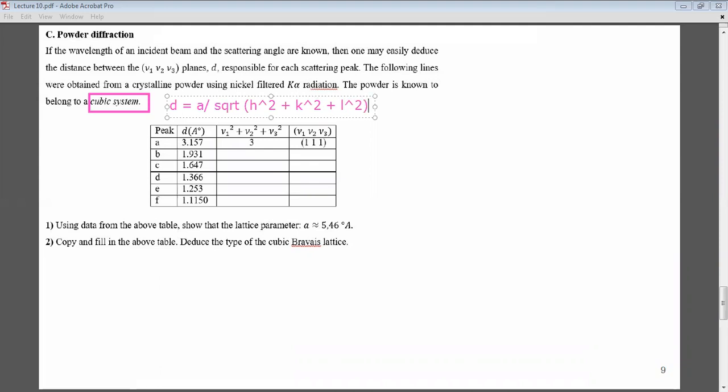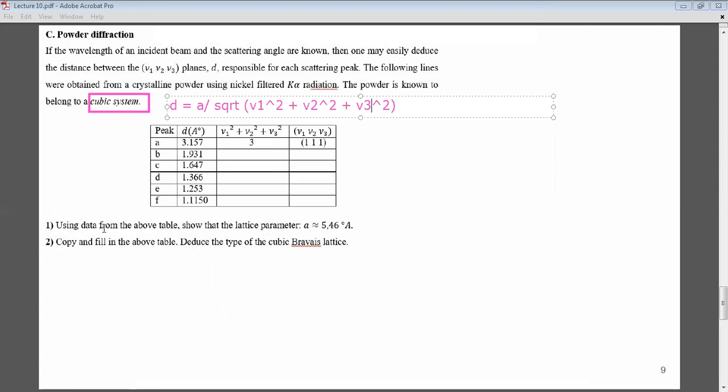We're going to use this formula, but here we will not call them HKL, we will call them V1, V2, and V3. So this is the formula for the distance between planes. So we saw scattering from all these planes.